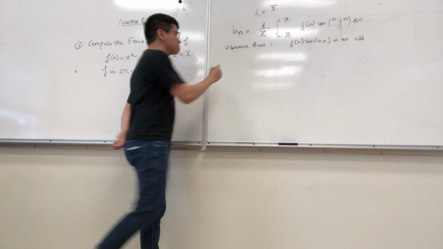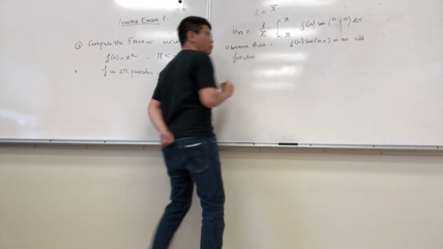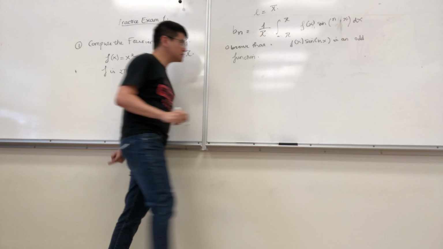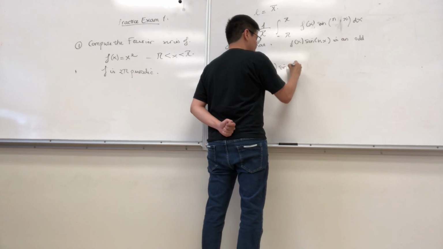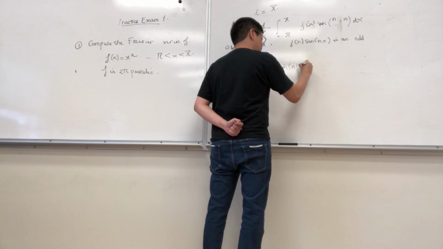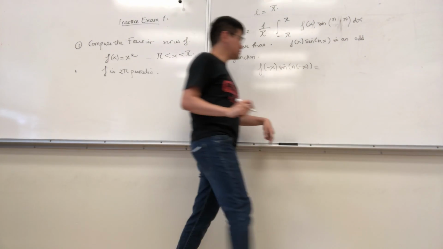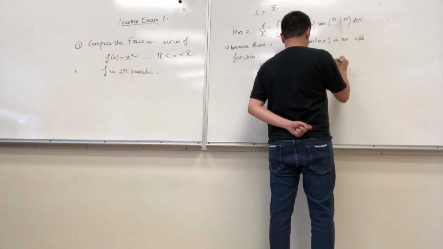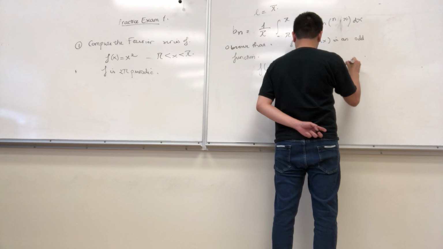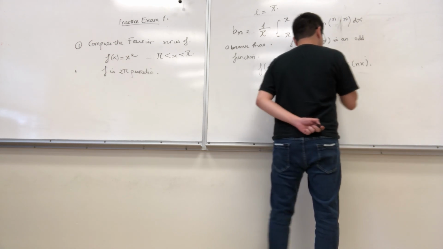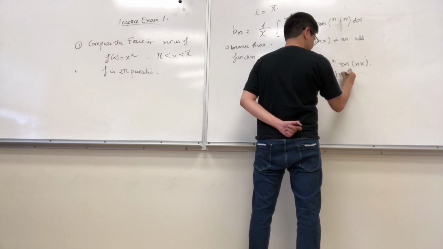Because f of minus x times sin of minus nx gives x squared times minus sin(nx), and this is minus f(x) sin(nx).